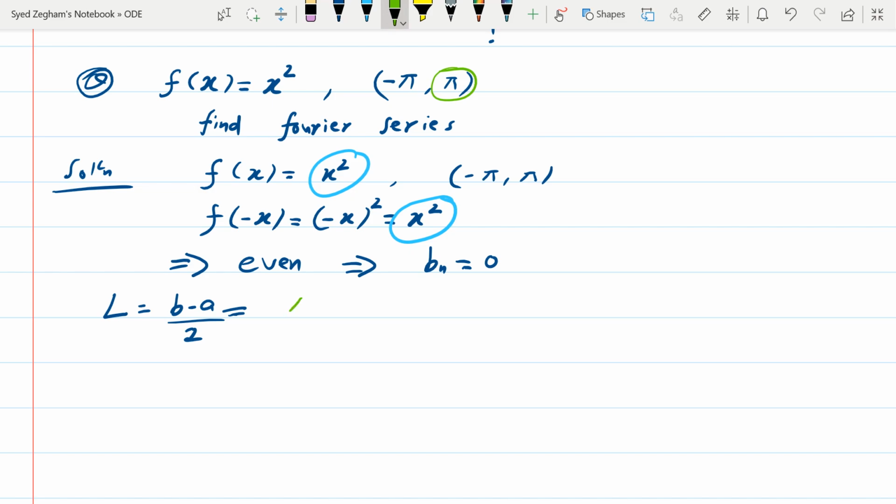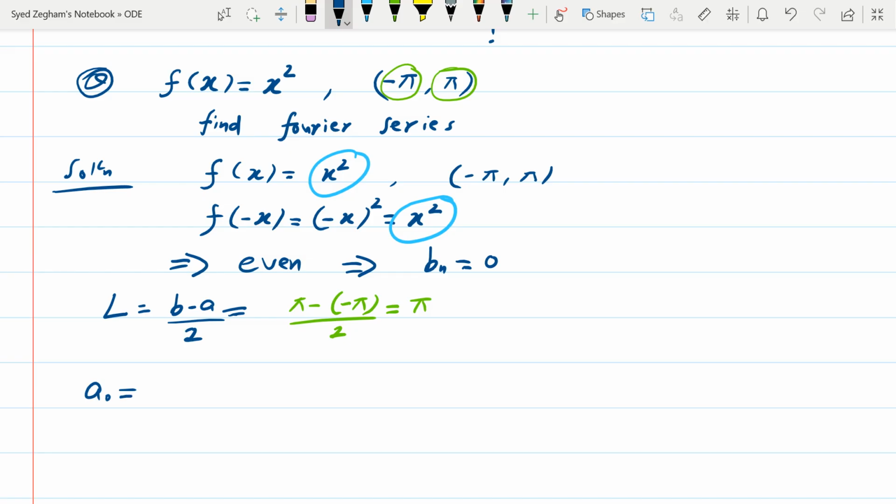Here it is pi, minus a, where a is the initial point of the interval, that is minus pi, divided by 2. This gives us 2 pi divided by 2, that becomes pi. So the L value also we have calculated. Now let us find a naught.